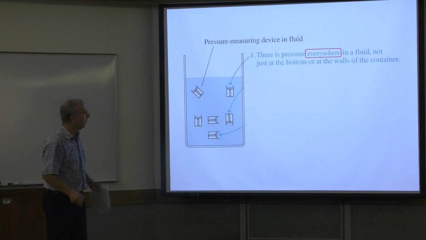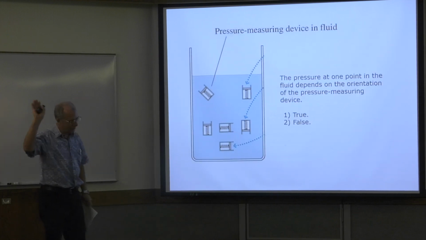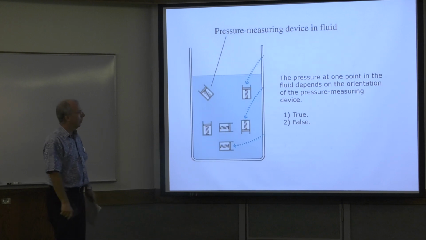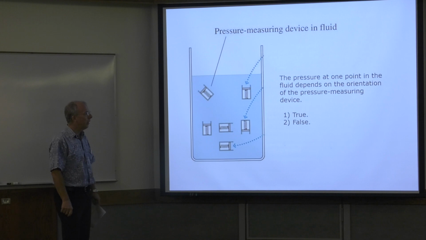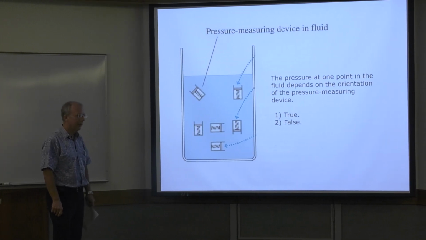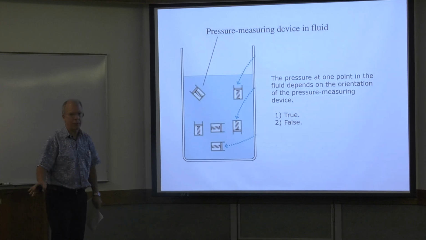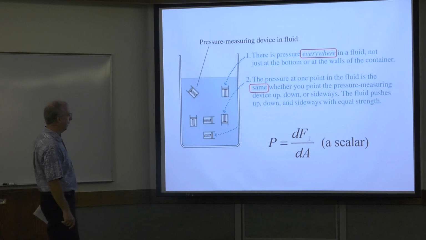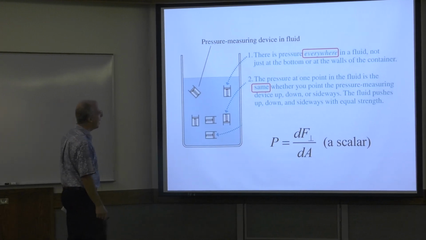Okay, the next one. So again, pause your video. All right, so the pressure at one point in the fluid depends on the orientation of the pressure measuring device. Now, I just told you the answer to this 3 minutes ago. It's false. I mean, what did I say? It's the same. Yeah, okay. It's the same, right?